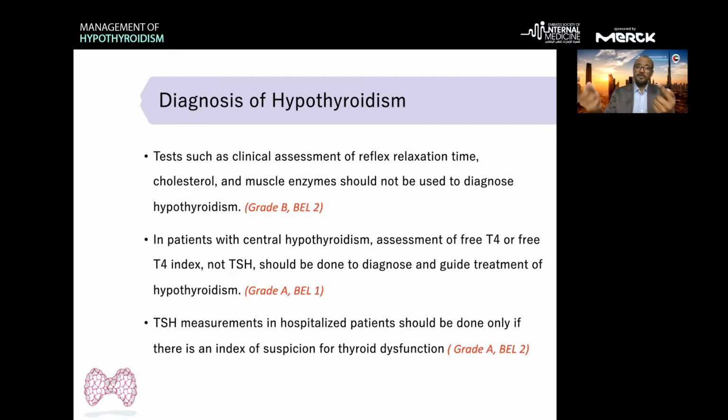And if the patient is still sick, then TSH will drop. And you might have a picture that is very suggestive of central hypothyroidism, low T3, T4, and TSH. It's very important to note that it starts with T3, then T4, then TSH.